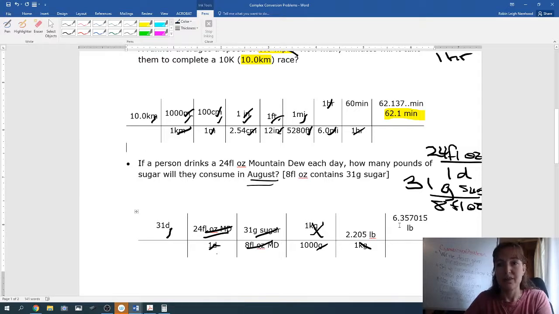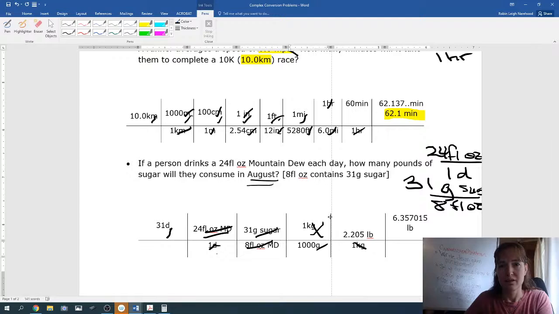Okay, this is more significant figures than we need.